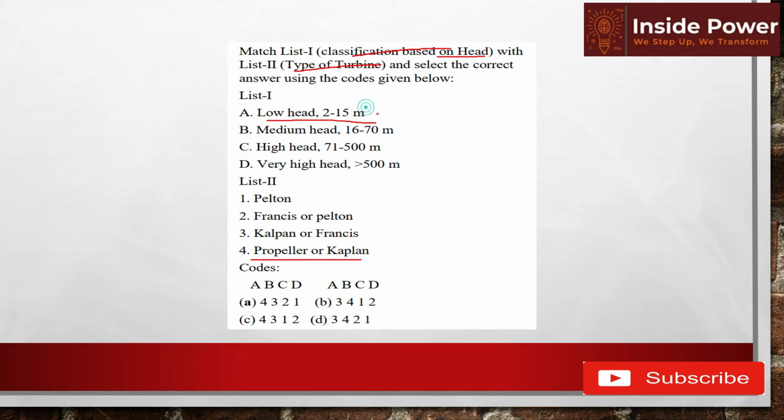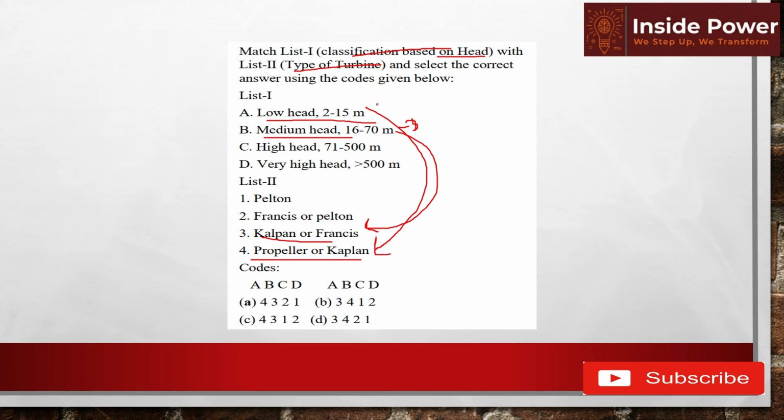So A is related to 4. Now medium head is 16 to 70. So medium head is associated with Pelton, Francis, Kaplan. Medium is basically Kaplan and the Francis. So B is associated with 3.